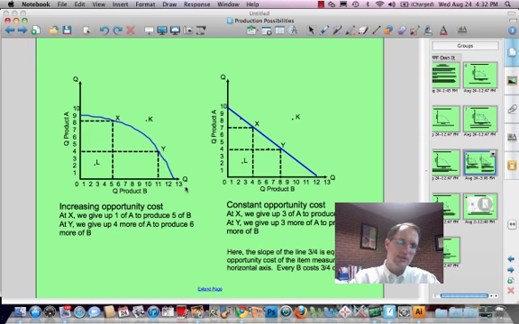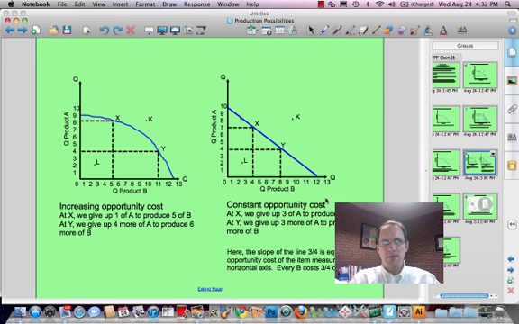If I were to draw a tangent, it would be right here versus right here. And don't worry about angles of tangency. I can't even say it. None of that will be on the test. You'll see here that in order to get 6 more of B, we have to give up 4 of A. So you'll notice that the opportunity cost is increasing.